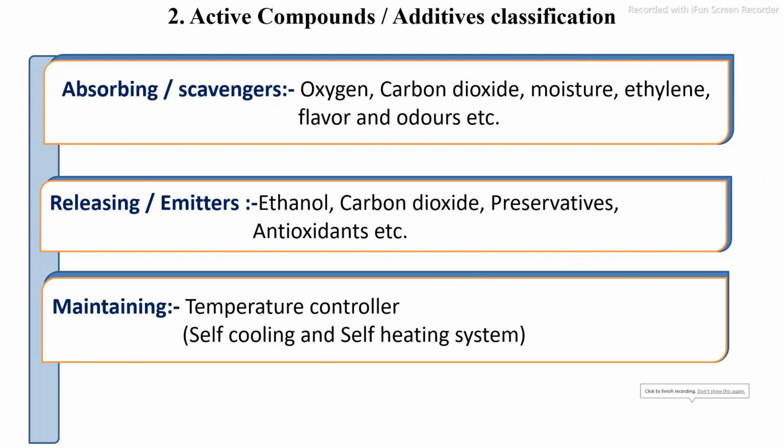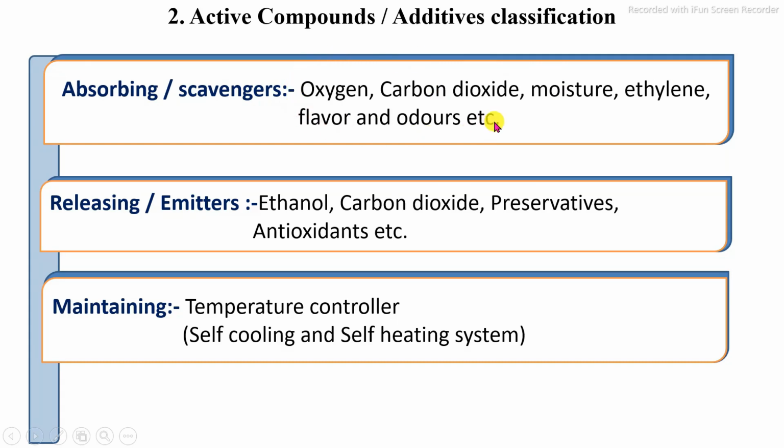The active additives are classified into three groups. The first is the absorbing compounds, also called scavengers, which absorb specific compounds such as oxygen, carbon dioxide, moisture, ethylene, flavor and odor.